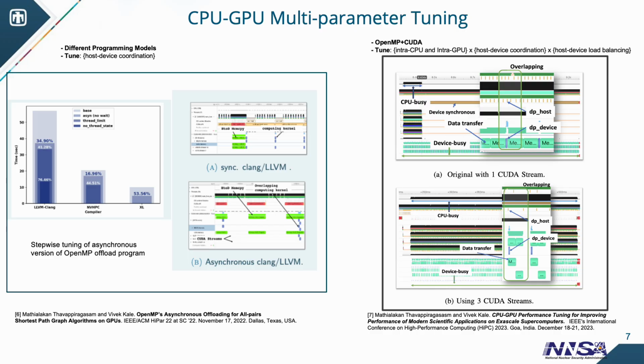And what we can see is through progressive tuning of LLVM OpenMP, we can get better performance coming close to the NVHPC compiler. Now, if we look at the application timeline diagrams, we can see how the overlap is happening when we go from the LLVM synchronous version to the asynchronous version.